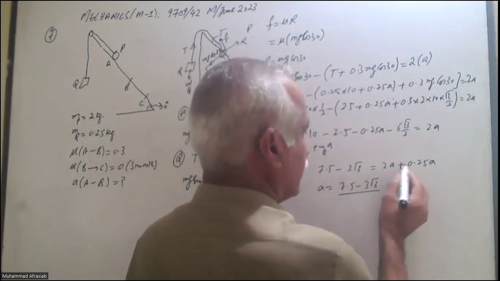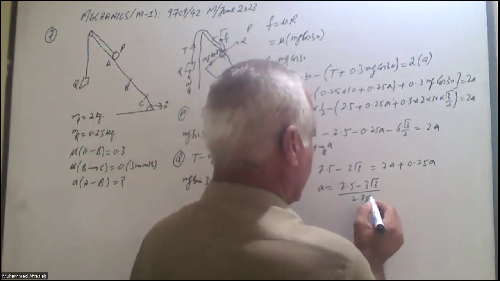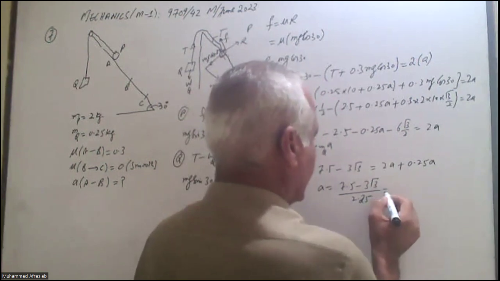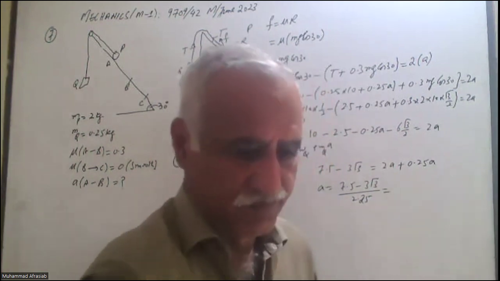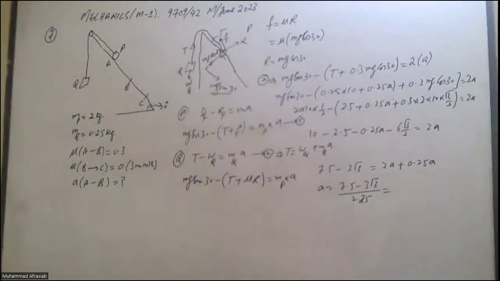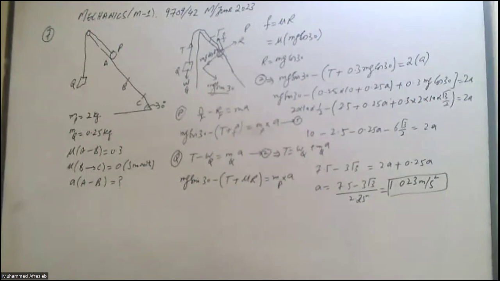Our a finally is equal to 7.5 minus 3 root 3 divided by 2 plus 0.25, that is 2.25. If we use a calculator here, the acceleration is equal to 1.023 meters per second squared.